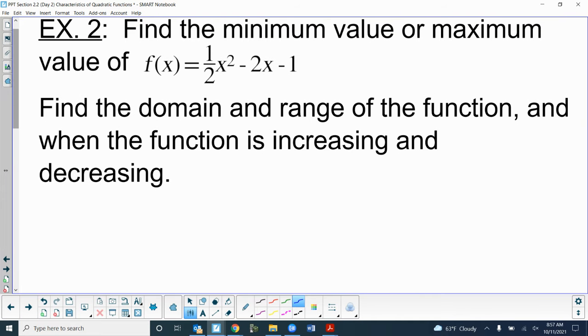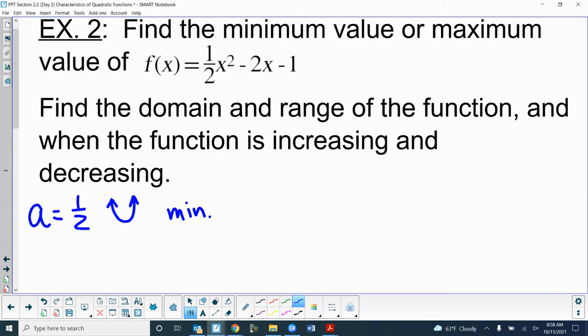Okay? So, first of all, let's write this down. What's A equal? 1/2. So, does it open up or down? Up, because it's a positive number, right? So, does that mean we have a min or a max? A min.